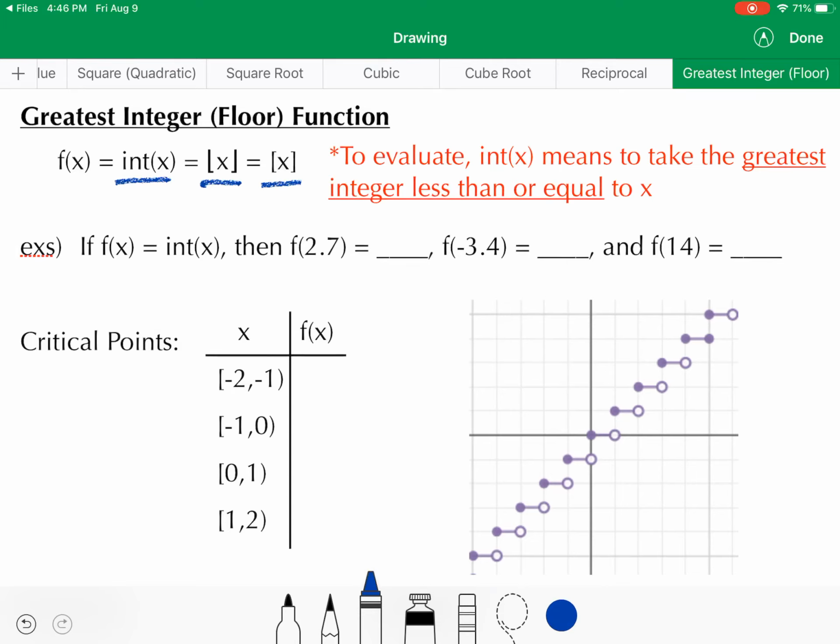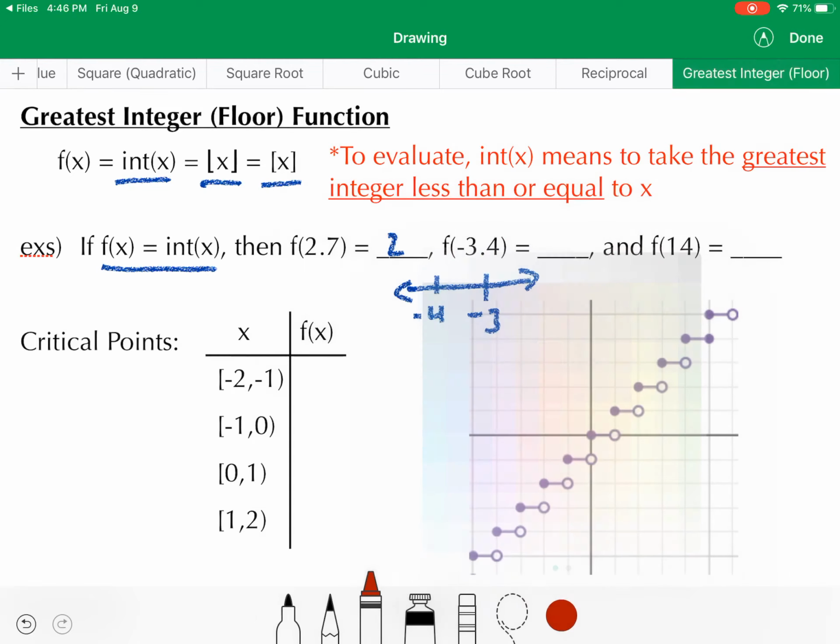So let me give you some examples. We're working with the basic greatest integer function right here. F of 2.7. What's the greatest integer that's less than or equal to 2.7? Well, that would be the number 2. F of negative 3.4. Be careful with the negatives here. It might help to visualize this on a number line.